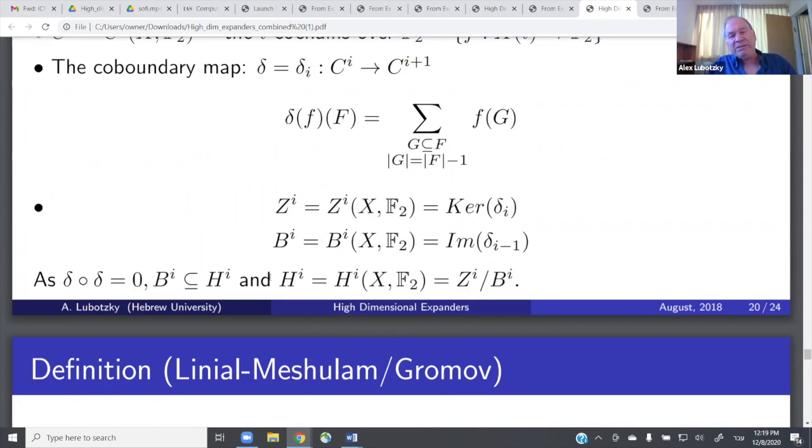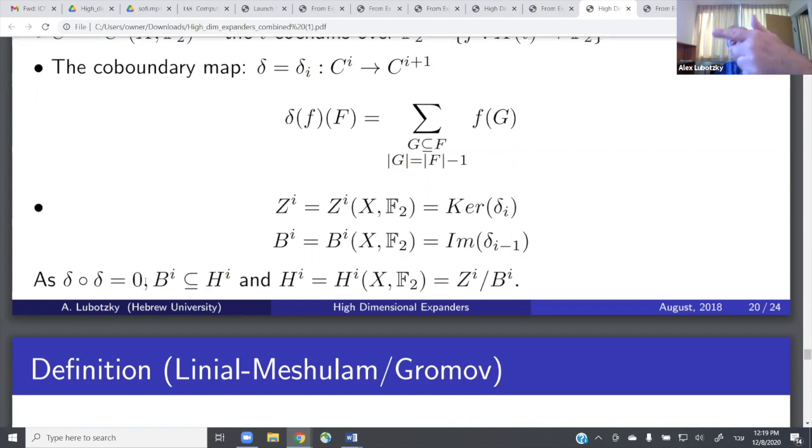We are lucky here. Everything is much easier because we are in characteristic 2. We don't have to worry about orientation. In the standard cohomology, you have to worry about orientation. This means that Bi is inside opposite. This is a typo here. It should be Zi, right?